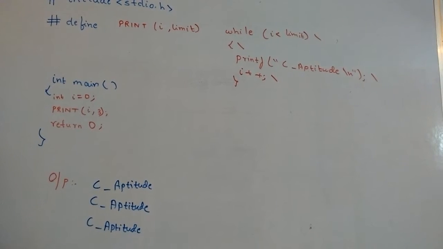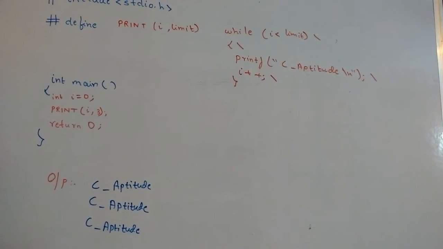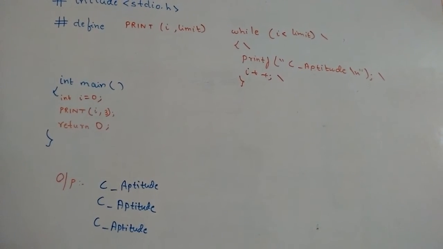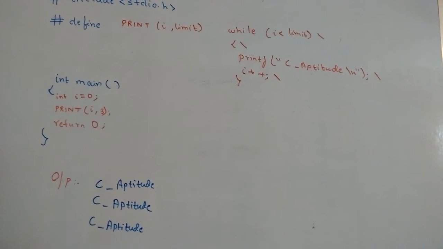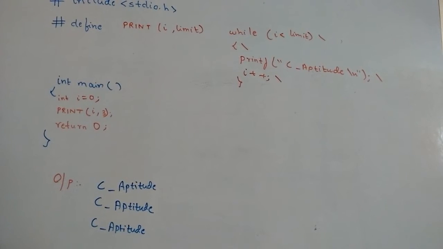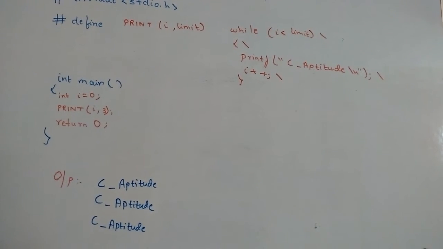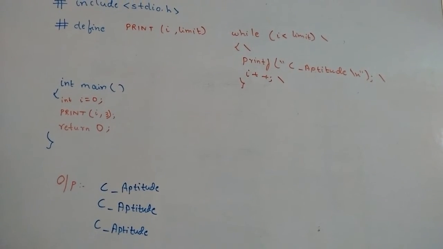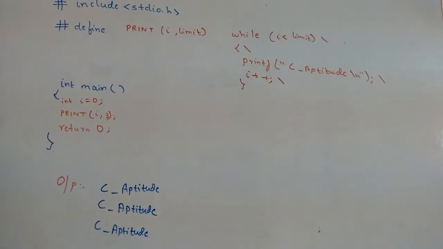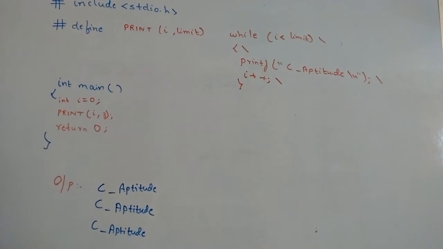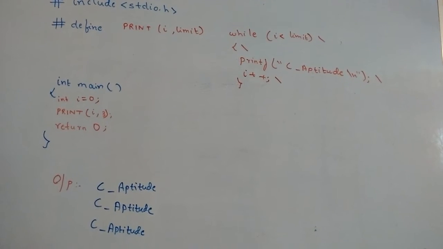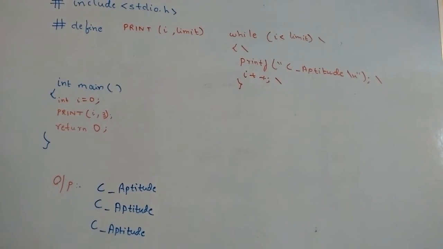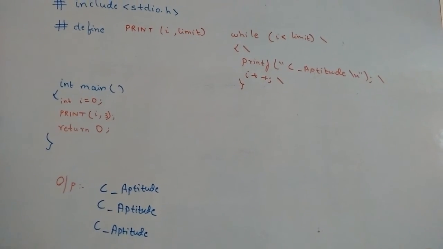However, it would not be a mistake to use a backslash in the fifth line. Even if you use a backslash in the fifth line, it will go to the next line. There's nothing there as part of the macro body, so the output would not change. Anyway, it's not needed to put a backslash after the closing of the curly bracket. That's why I haven't put it. But by mistake, if you put it, it wouldn't be a mistake as such.